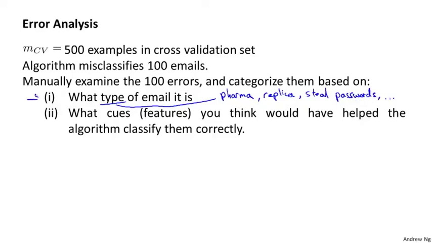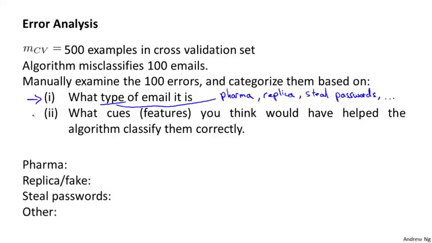So I would go through and count up: of my 100 emails, maybe I find that 12 of the mislabeled emails are pharma emails, and maybe 4 are emails trying to sell replicas, like fake watches. And maybe I find that 53 of them are what's called phishing emails, basically emails trying to persuade you to give them your password, and 31 emails are other types of emails.